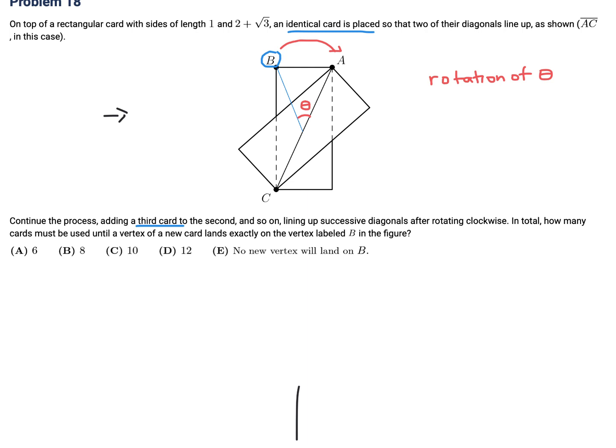So this card, for example, has vertexes there, there, there, and there, those four red dots. If you keep turning it, when does it next land back at B, a vertex of the rotated card? That would happen if you rotated 180 degrees. So if we knew what theta is, we can just divide that, and that would give me the number of rotations.